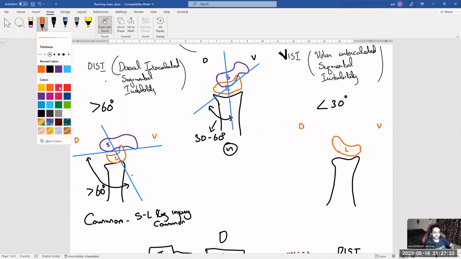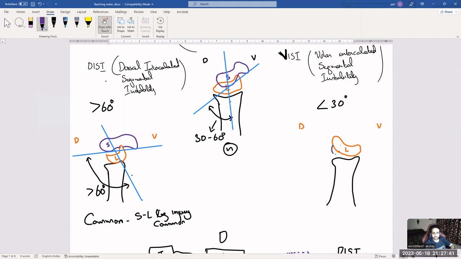And the scaphoid, which is behind the lunate, will always tilt volar.